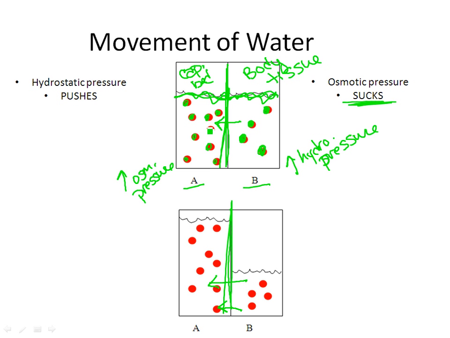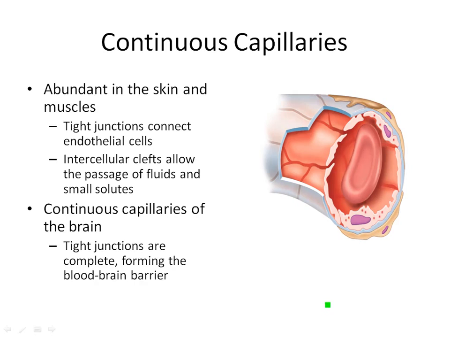We've got a whole lot of sugar dissolved in our bloodstream, very little sugar in our body tissues, so there's more water here in body tissues, so water's going to move from body tissues into the bloodstream. And vice versa: if you have more water in your capillary beds than in your body tissues, then water is going to move out of the capillary beds into body tissues and cause edema.